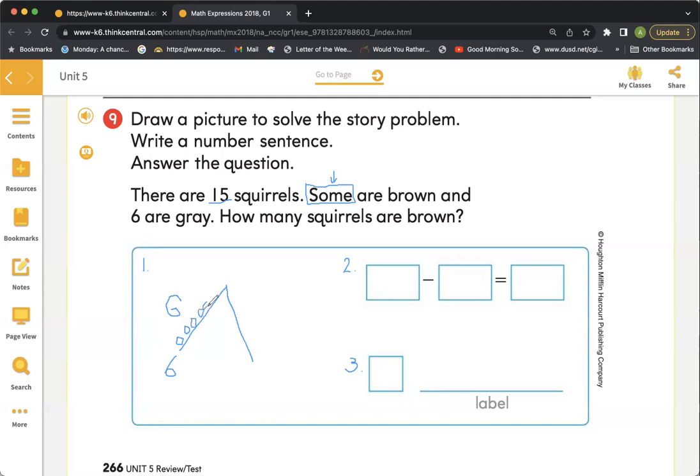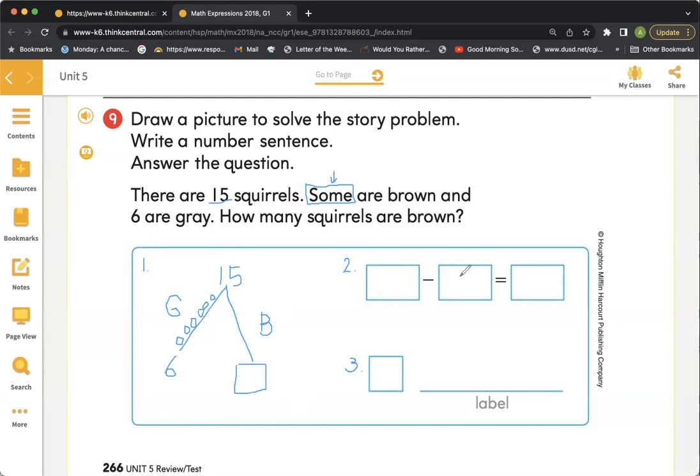Is that 4, 5, 6? And we have our total 15 squirrels all together. And then I might use a box here for the unknown. And these are going to be your brown squirrels. Okay, so this will work as a picture, but you still need to solve how many brown squirrels are there.